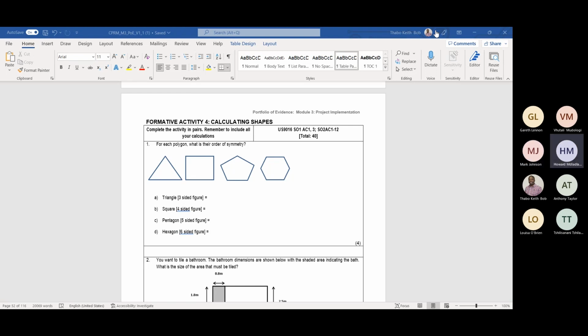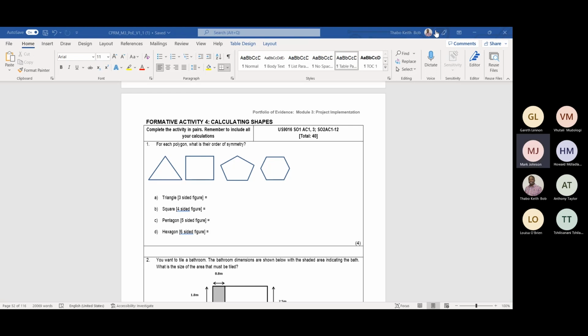We are tiling the shaded area, all of the shaded part. Where did they say that? No, I think what they mean in the question is the shaded area is the bath. You're not going to tile it. The shaded area is the bath. So it's just the white area that will be tiled.